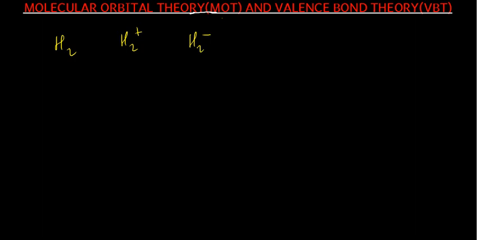For us to determine which one is more stable, we need to use the molecular orbitals. So the first thing is, let's start with just the hydrogen molecule. So we have got one orbital here, one orbital. Let me write them well.